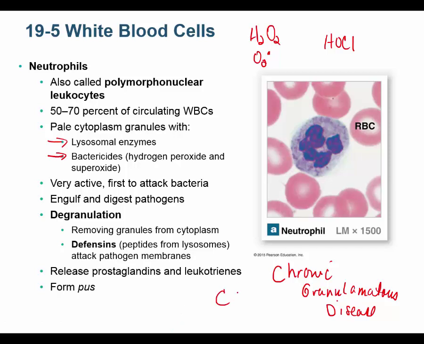By the way, the abbreviation for that disease is CGD, chronic granulomatous disease. The disease is horrible. The patient can die from infections that you and I would not think anything of. And why? Because their white blood cells can't fight off infection, because they can't do the respiratory bursts. All right, so that's a neutrophil for you.